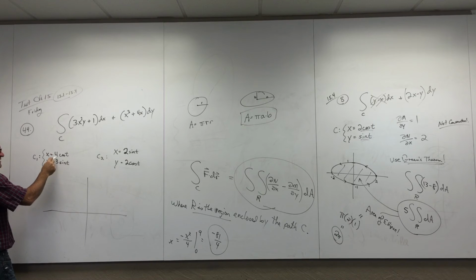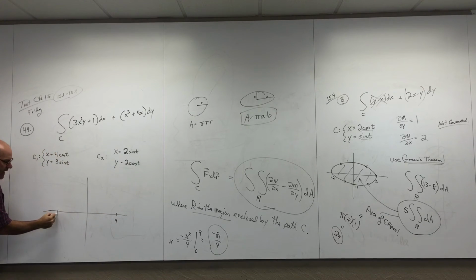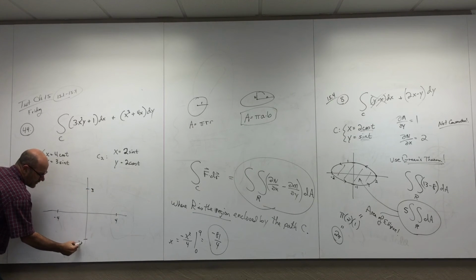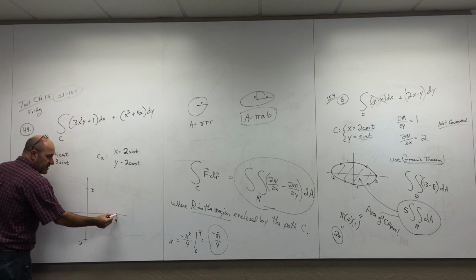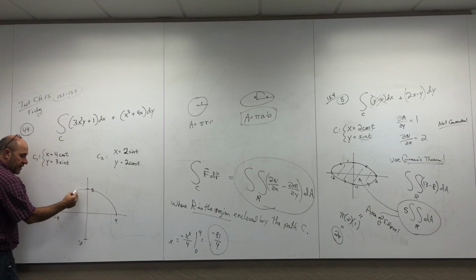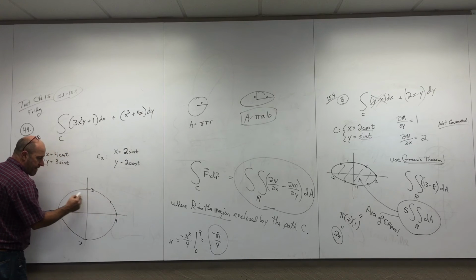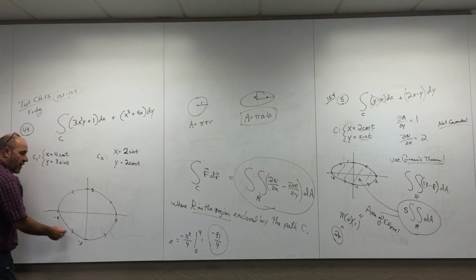So this is an ellipse, and it goes out to a radius of 4 in the x direction and 3 in the y direction. When you let x be cosine and y be sine, it starts here and goes this way, so it is oriented counterclockwise like we want.